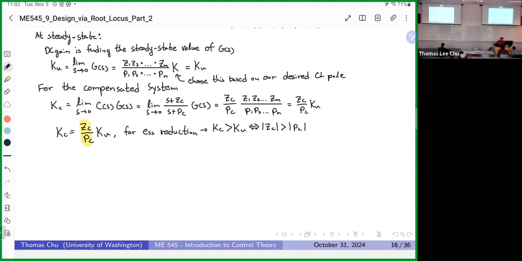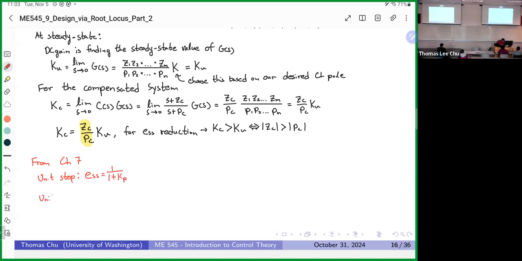The reason I'm talking about this is that now we're going to have a flashback to chapter 7. From chapter 7, the steady state error of a unit step input is ESS equal to 1 over 1 plus KP.